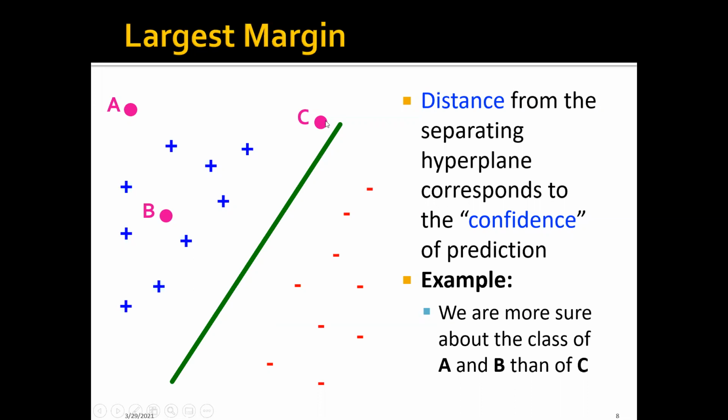In contrast, point C is very close to the decision boundary. Therefore, the model is very unsure that point C will be positive. In fact, it might very well be a negative point.